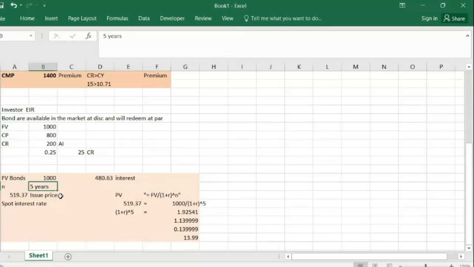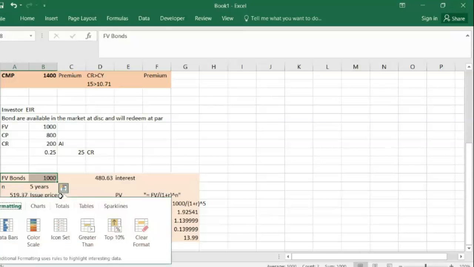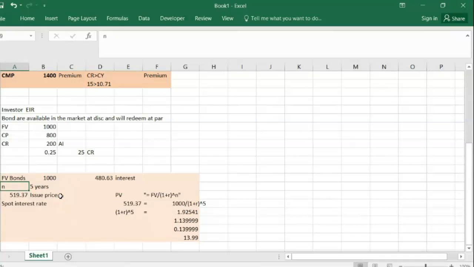The future value of the bond is 1000, given in the problem. It means the face value of the bond is 1000, the 5 years is the maturity period, and 519.37 is the issue price. You need to find the spot interest rate. What interest rate is applicable for this instrument?